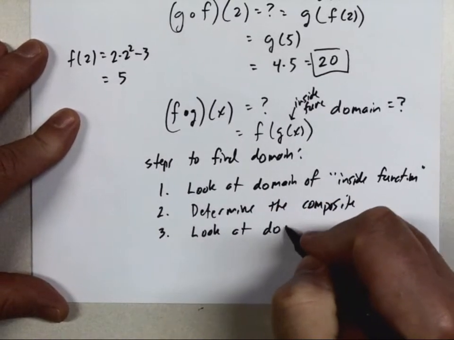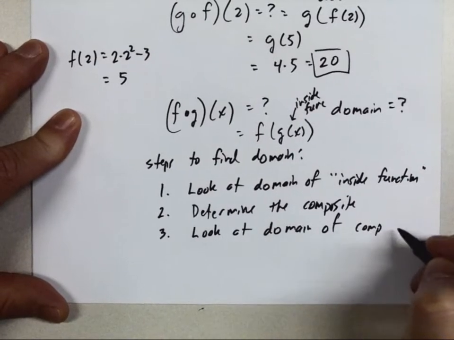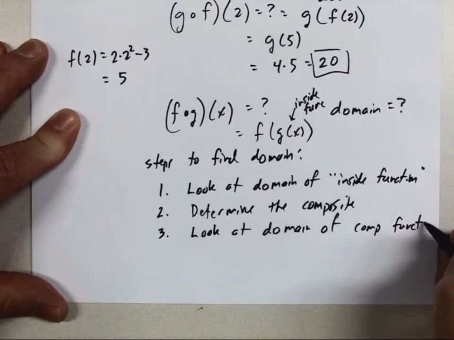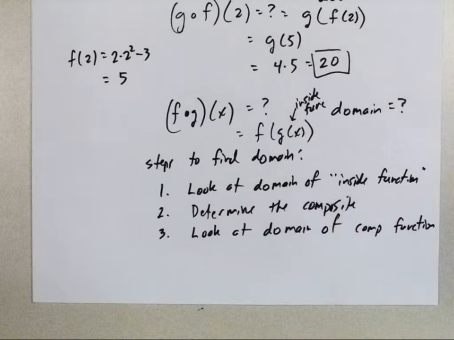And then you look at the domain of the composite function, and you do the same thing. You're looking for variables in the denominator, variables under the square root.